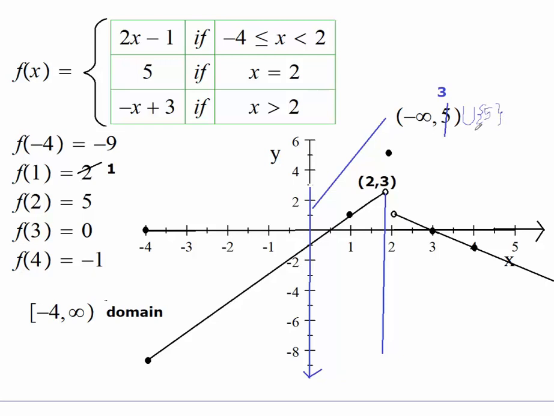So what you have is this open interval, negative infinity, 3, and then union 5. I just rewrote the same thing because I had made a mistake here. All right, so this is the range. I better type now. Okay, so this is the range of this function.